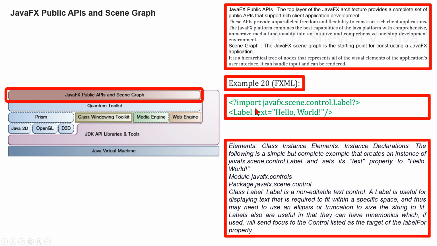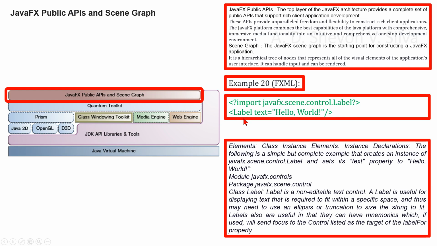Here the following is a simple but complete example that creates an instance of javafx.scene.control.Label and sets its text property to hello world.